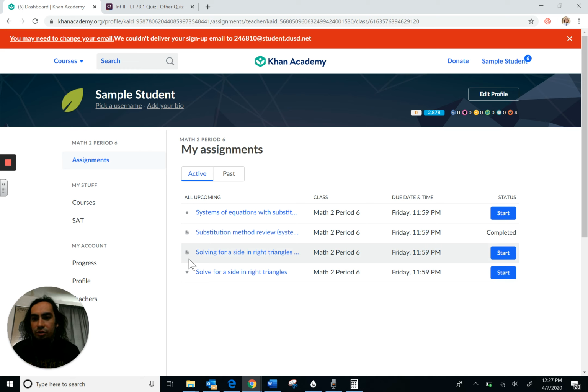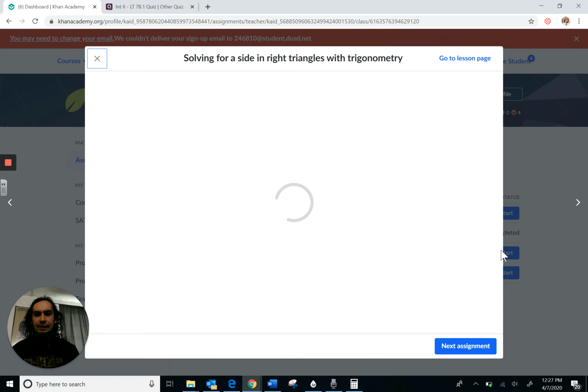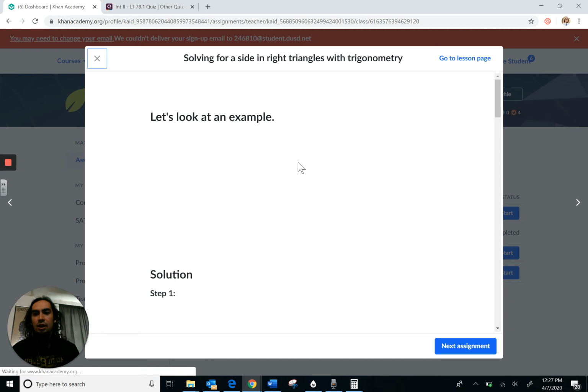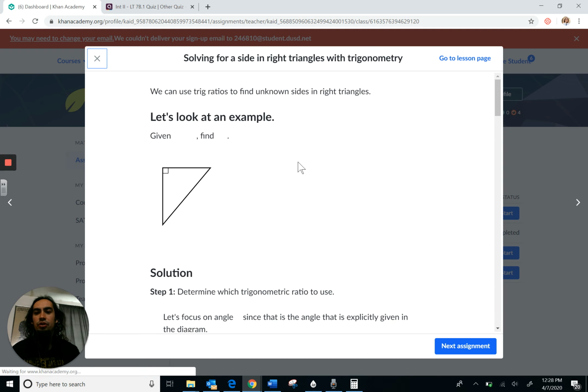Now, I want to focus your attention on the little symbols right here. You see how this is a little notepad and this is a little star? The notepad is the article, and I've noted in the Google Classroom assignment that this article is not graded. So what this looks like is some notes that Khan Academy has given you to help you go through the problems so that you can see how to do it.